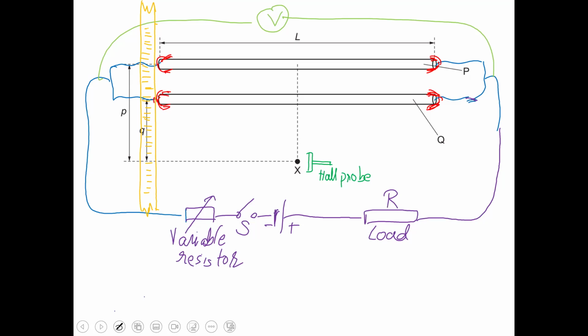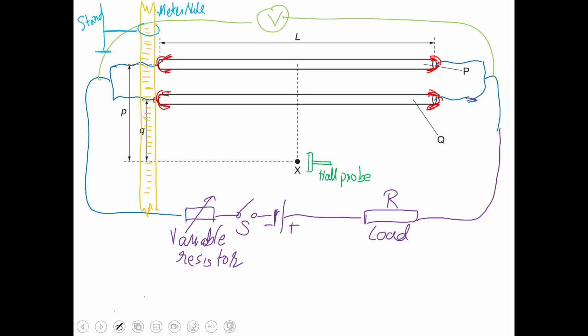Always remember that nothing can be shown without proper support. Here I can draw a stand in 3D at the back side. The meter rule will be on a stand. Labeling is really important. This is the meter rule, and when you switch on the circuit, the electrical circuit will create magnetism.